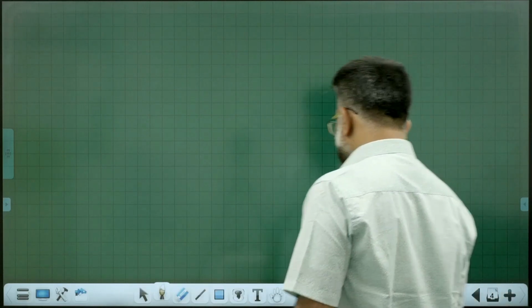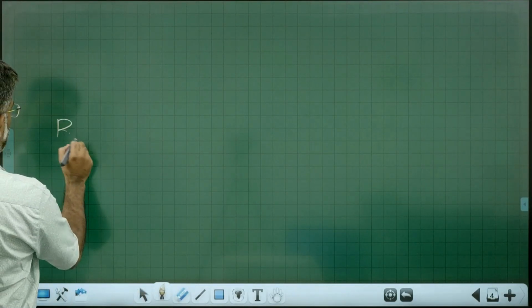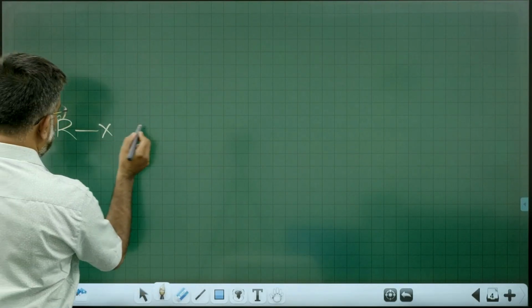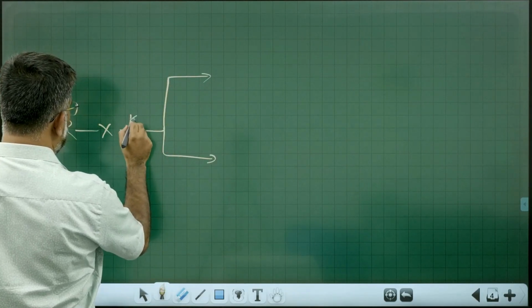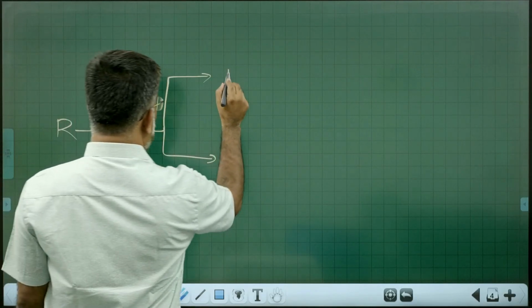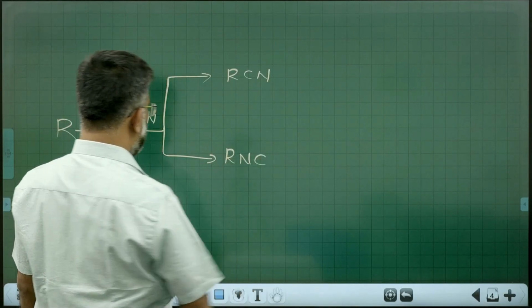Reaction with the KCN, definitely many of you may be remembering the importance of reaction with the KCN. RX treated with KCN, you will get 2 different products. One is RCN and the other is RNC.